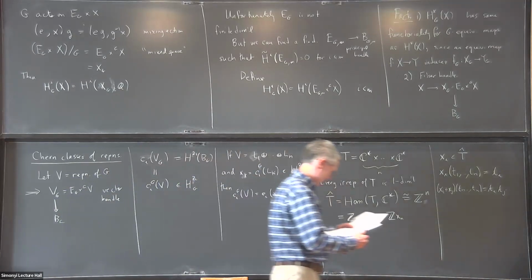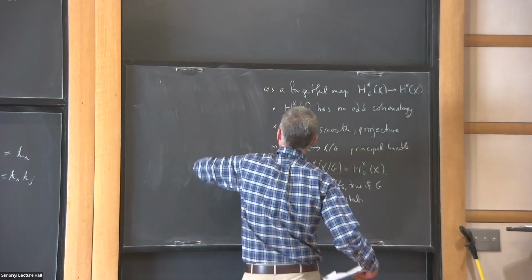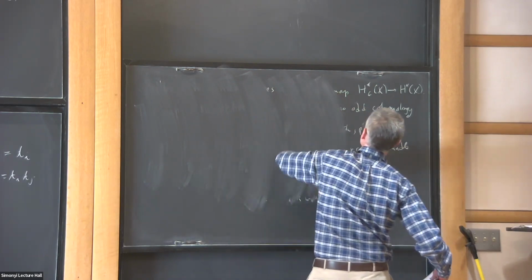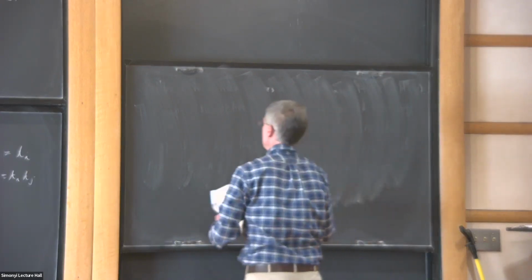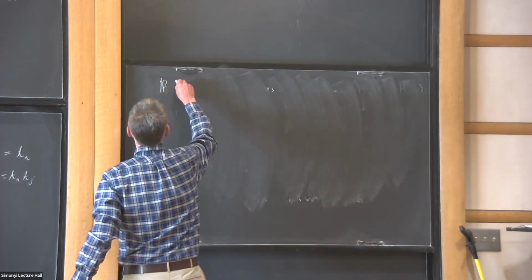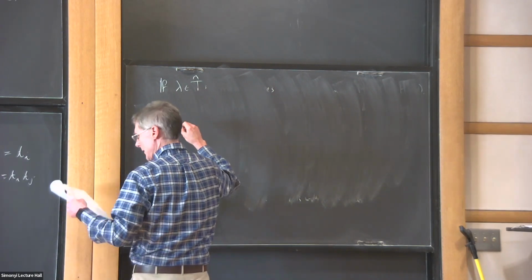Okay. So I didn't need to erase this. So if lambda is in T hat, then we get a map.